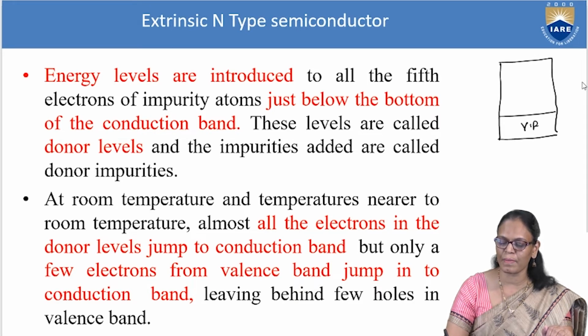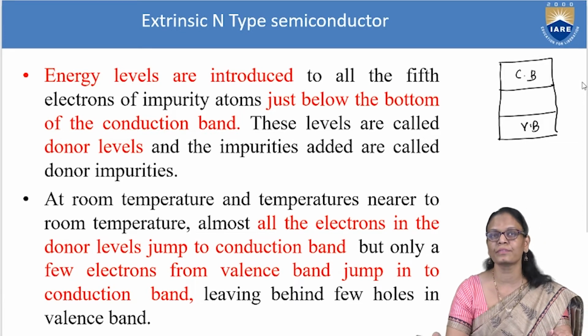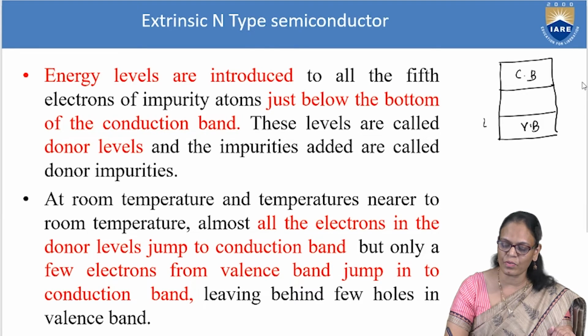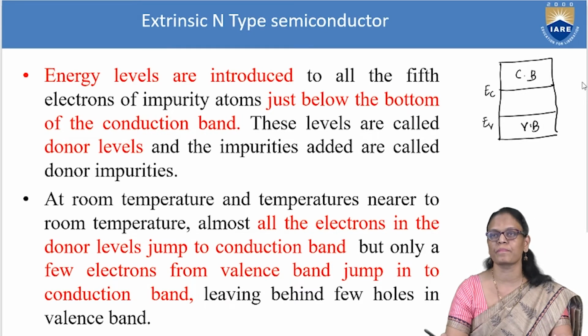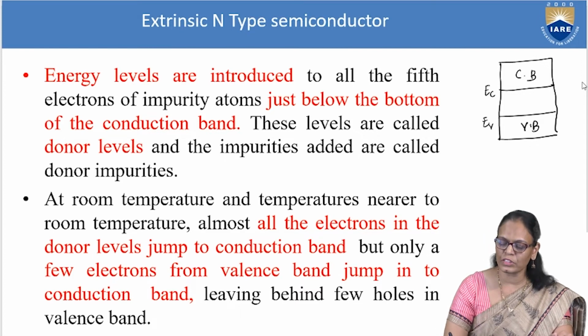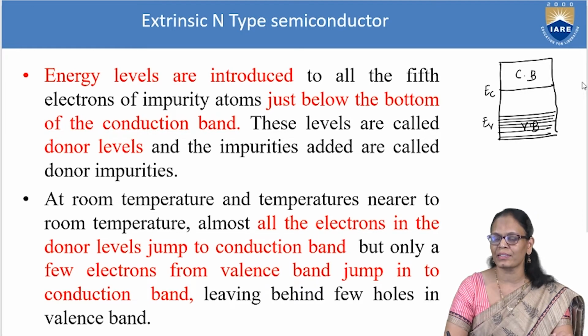This is the valence band. This is the conduction band. This is denoted by EV, and this is denoted by EC. Now, all the electrons of the valence band are in this band, and their energy levels are denoted by the valence band.